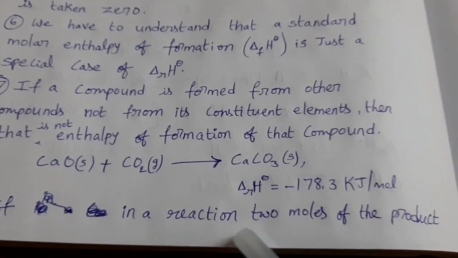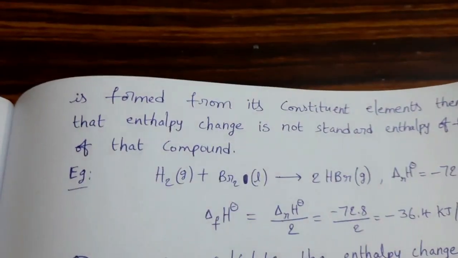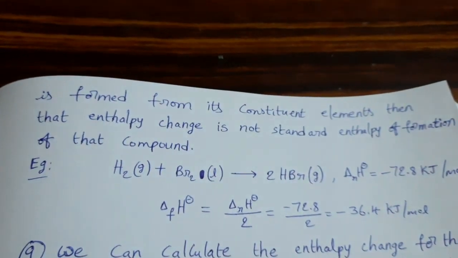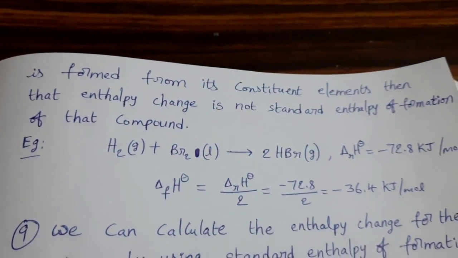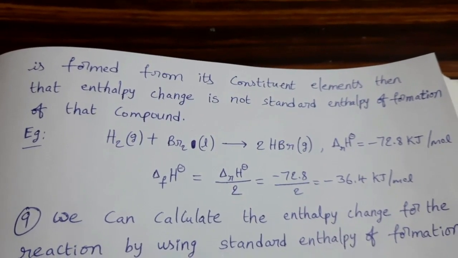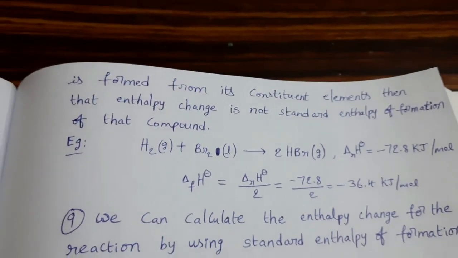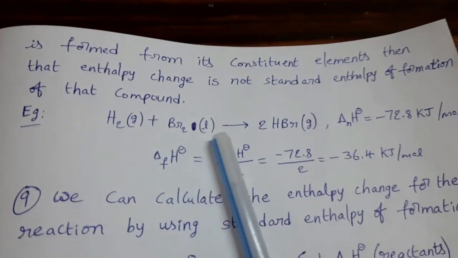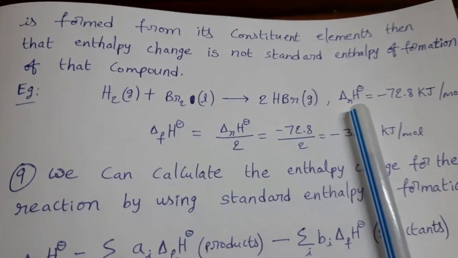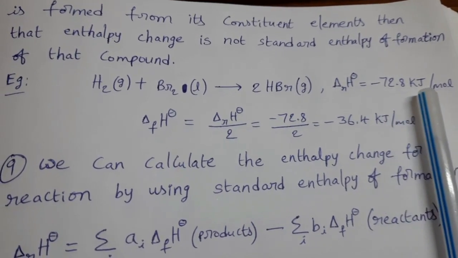Next, if in a reaction 2 moles of the product are formed from its constituent elements, then that enthalpy change is not the standard enthalpy of formation of that compound. Example, H2 plus Br2 gives rise to 2HBr, delta R H naught equal to minus 72.8 kilojoule per mole.